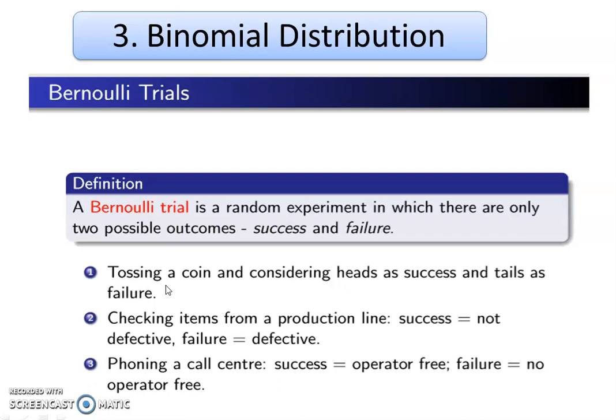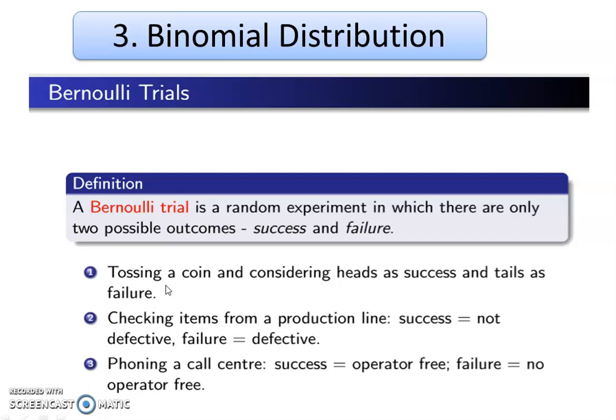The occurrence of head can be considered as the success event and the occurrence of tail can be considered as the failure event. Second example, in a production system, the defective products can be considered as the success event and the non-defective items can be considered as failure events. You can also go with vice versa.